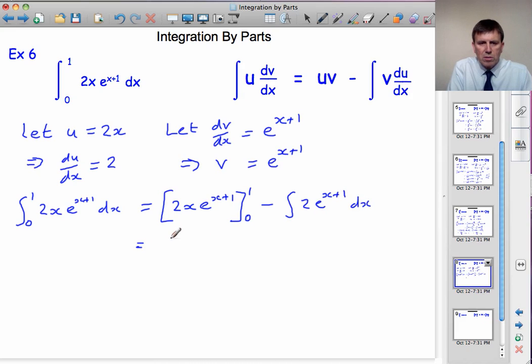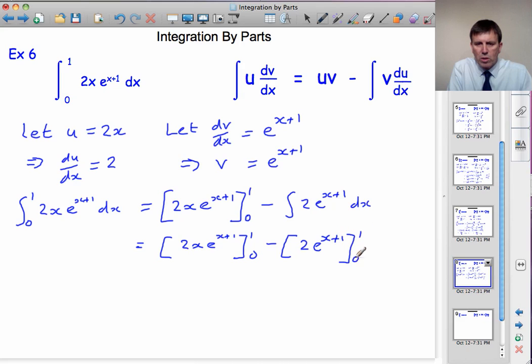And that gives us 2x e to the x plus 1 between 1 and 0, minus the integral of 2e to the x plus 1, which is just 2e to the x plus 1. And that also has to be evaluated between 1 and 0.